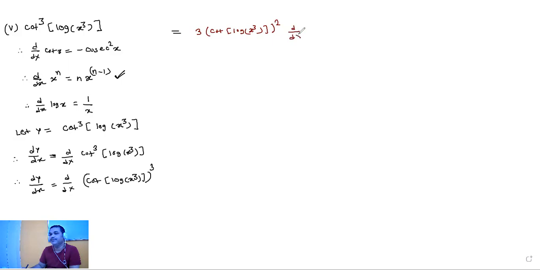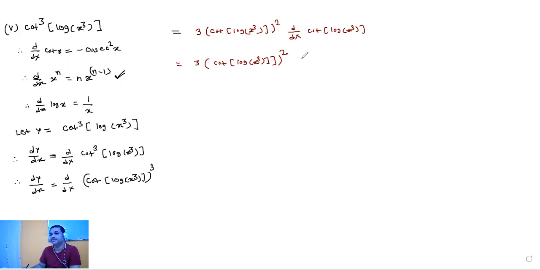Further, we need to take d by dx of cot of log of x cube. So this will become now 3 into cot of log of x cube the whole square.